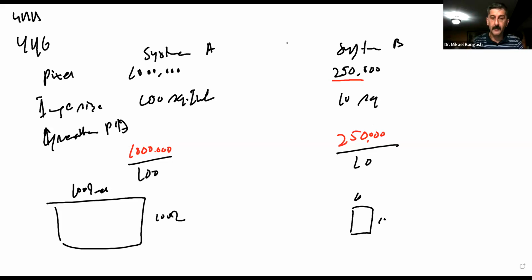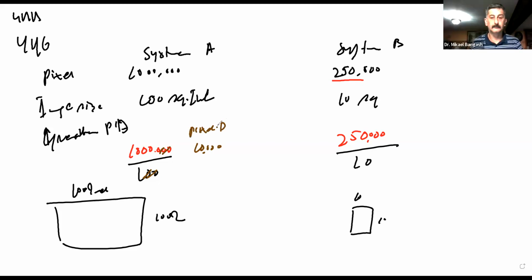So you can say it's 1 million divided by 100, which turns out to just 10,000. So this is our pixel density in this case.